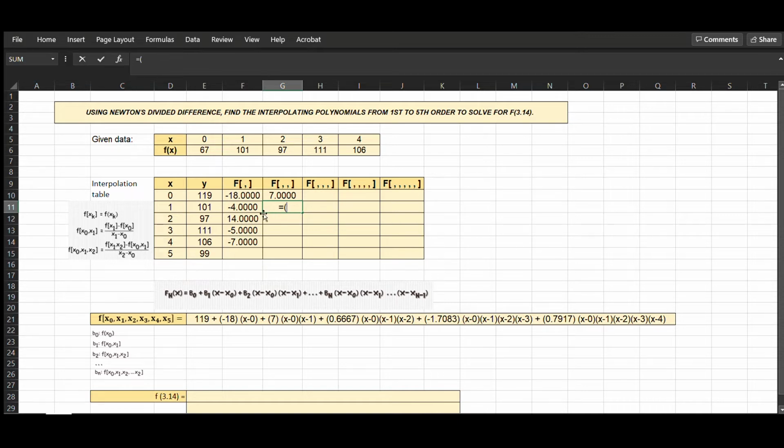Right, let's go. Let me just go ahead and do this. The value below it minus the one beside it all over x sub 2 minus x sub 0.